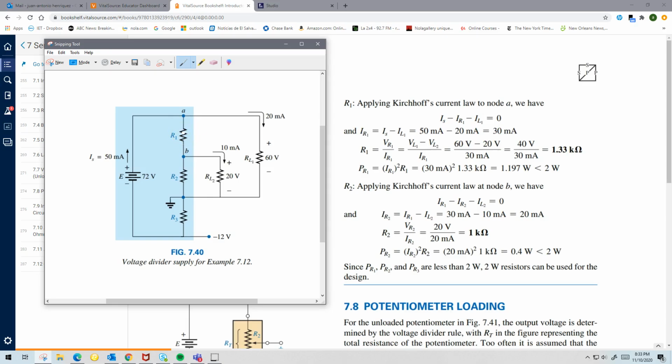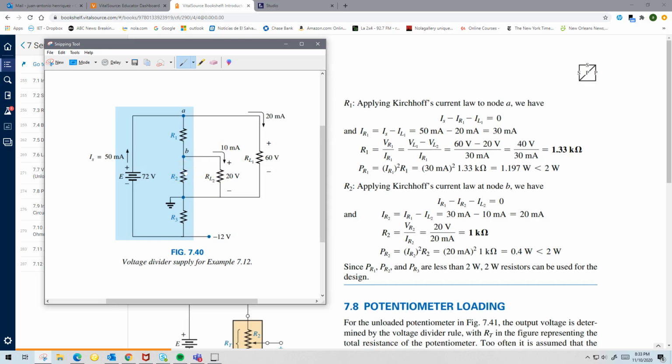And notice here, you don't even have to do KCL, but it's important that you do it as a practice so you can get this equation right here. But you notice that this current through R1 goes into B and then splits. Some of it goes to RL2, some of it goes to R2. So if 10 out of 30 goes to this resistance, then you're going to get 20 on this side.